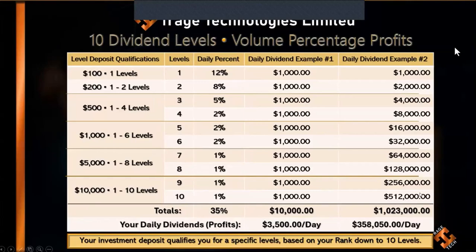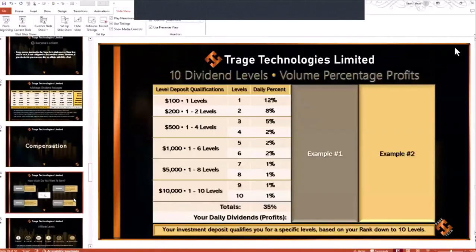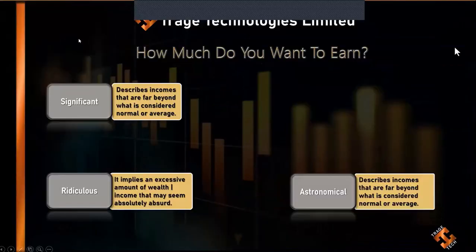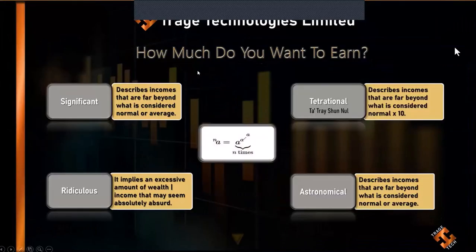Not only did I achieve it, I exceeded it beyond your wildest imagination, which means if I did that, that means in about 9 months, my income should be tetrational. Exponent to the exponent to the exponent. This is the type of money that you can't even imagine. Not to mention the rate of return we're getting every single day.